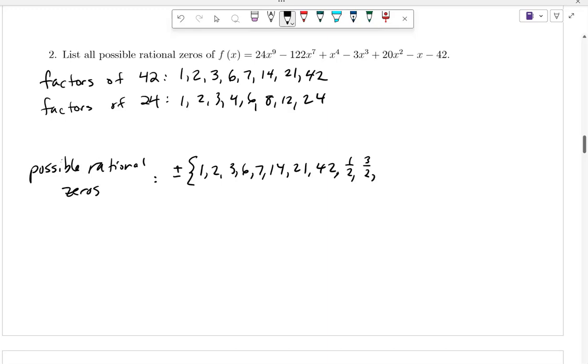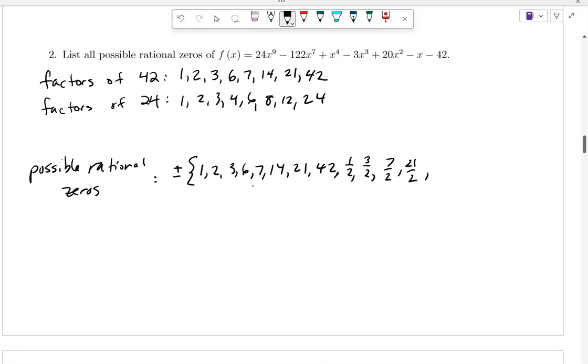The next one would be 3, wouldn't it? 6 over 2, but we've already written 3. We don't need to write it again. We would have 7 over 2. 14 over 2 is 7, which we've already written. We'd have 21 over 2. And then 42 over 2 is 21, which you've already written. You can write them all, it's just you don't have to write them all, is what I'm saying.